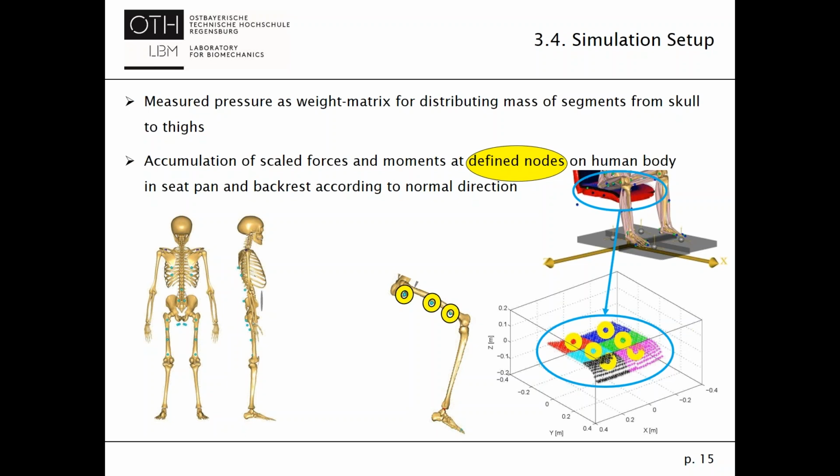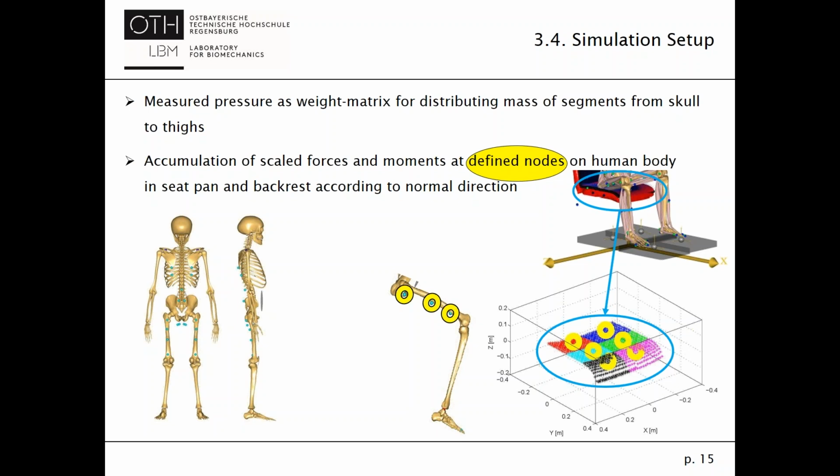Now in the first step, the distance between those nodes and the pressure cells is computed, and then the minimal distance defines the belonging of the human nodes to the pressure cells. This process can be seen on the right side of the slide. Due to dearness, the number of the nodes in the human buttocks was minimized from 12 to 6.